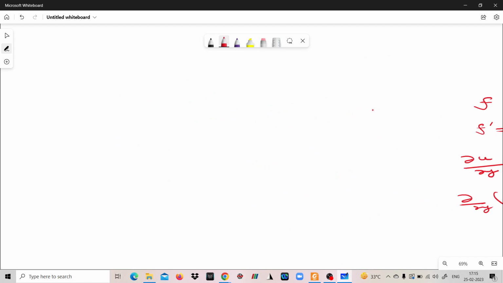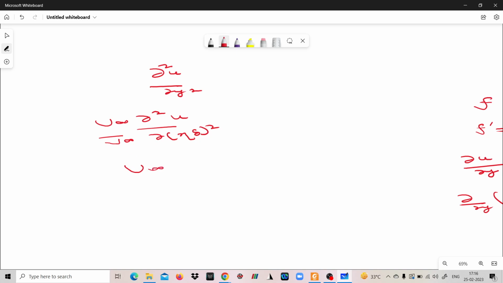Our condition is del 2 u by del y square, which is u infinity by delta square into del 2 u by u infinity divided by del eta square, with y written as eta into delta.